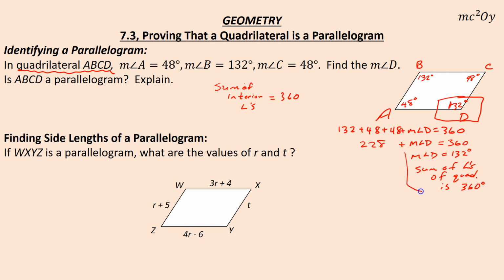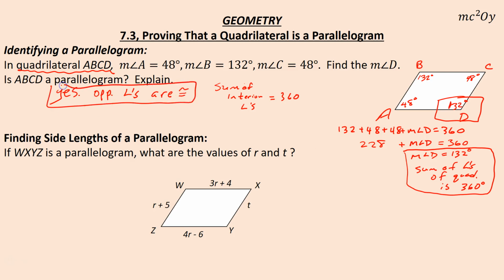So we know that the measure of angle D is 132 degrees because the sum of the angles of a quadrilateral is 360. So is it a parallelogram? Well, yes, it is. It's a parallelogram because opposite angles are congruent. So 2 different answers there, all right?